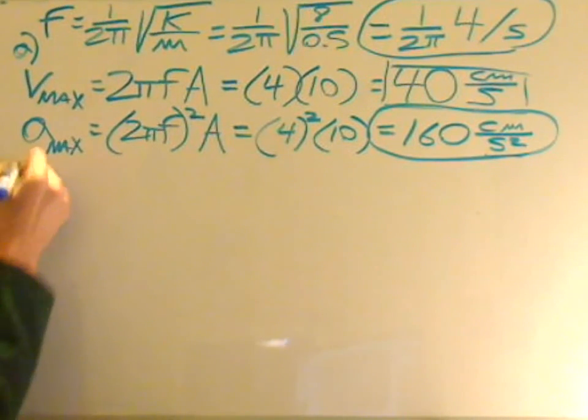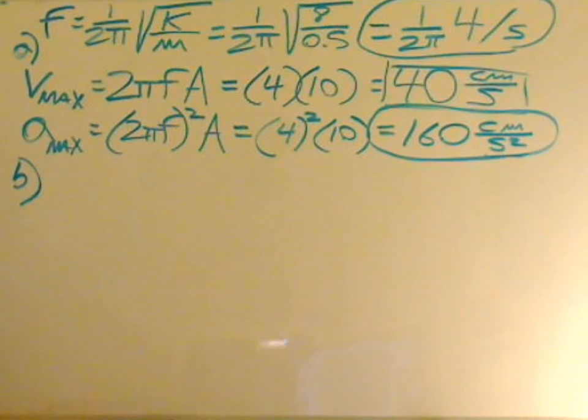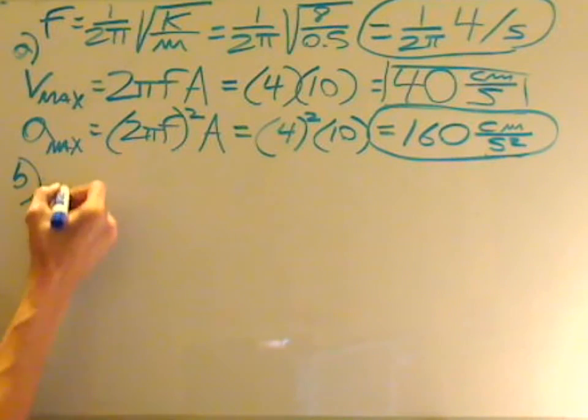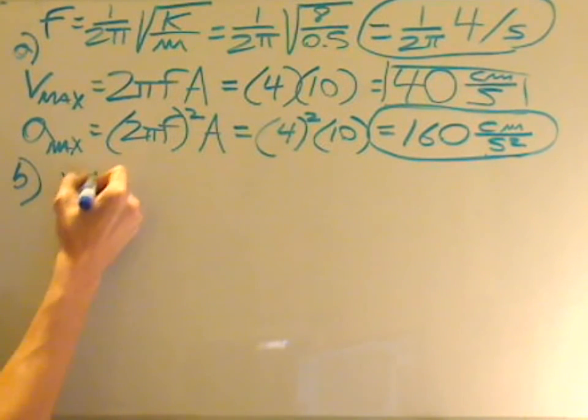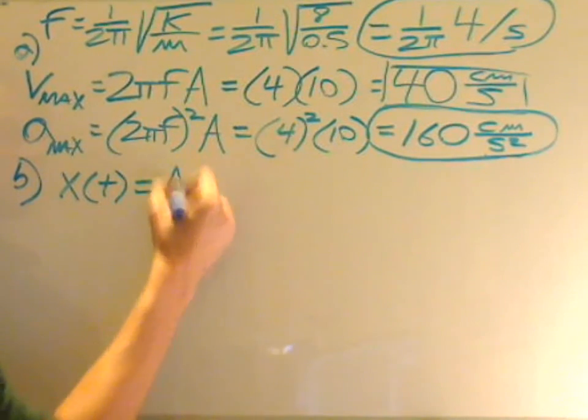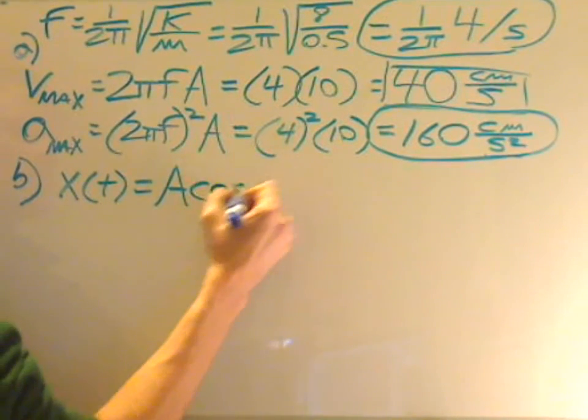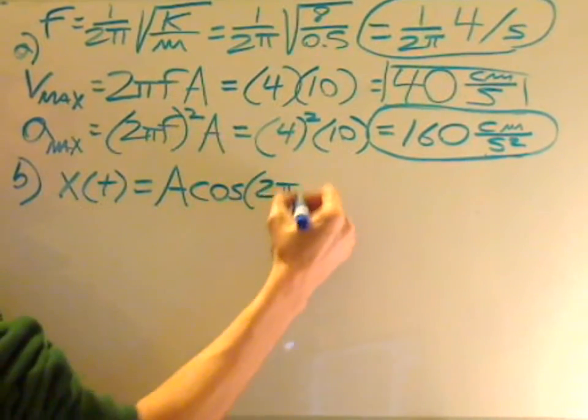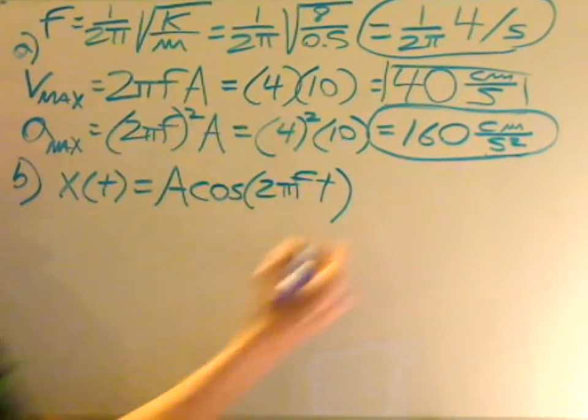Now part B asks us to calculate the velocity and acceleration when x is 6 centimeters. To do this, we're going to need our position versus time equation. The position versus time function for simple harmonic motion is the amplitude times cosine of 2 pi f times time.